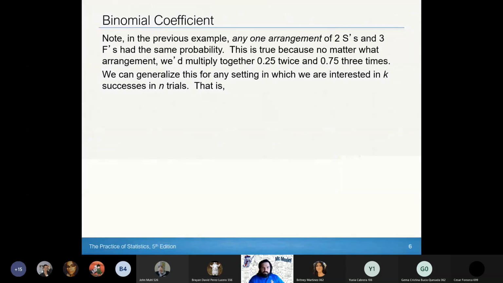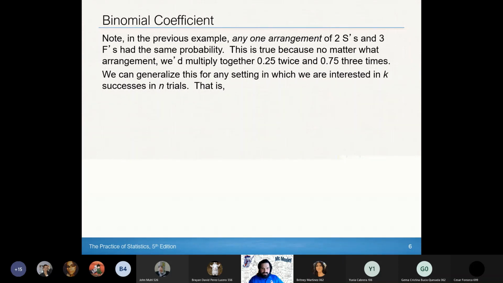Note, in the previous example, any one arrangement of two S's and three F's had the same probability. This is true because no matter what arrangement, we'd multiply together 0.25 twice and 0.75 3 times. We can generalize this for any setting in which we are interested in k successes and n trials.